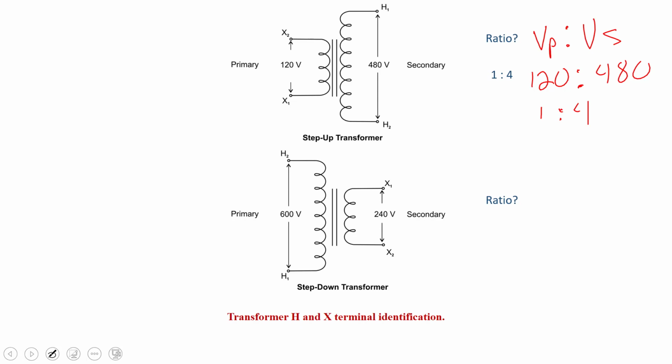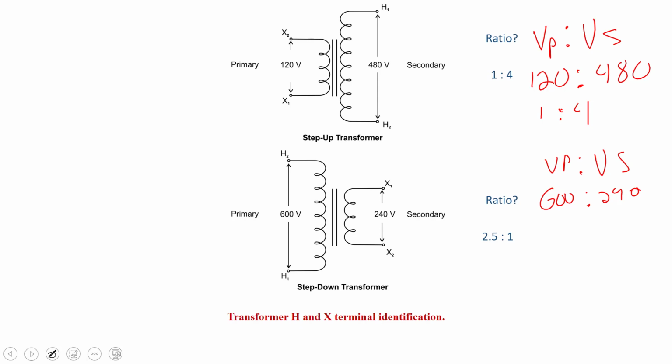The second transformer is a step down. We still compare voltage primary to the voltage secondary. In this case, it's 600 volts to 240. If we express that in its lowest form, it would be 2.5 to 1. So I take the higher voltage and divide it by the lower voltage, and the lower voltage will always be 1.